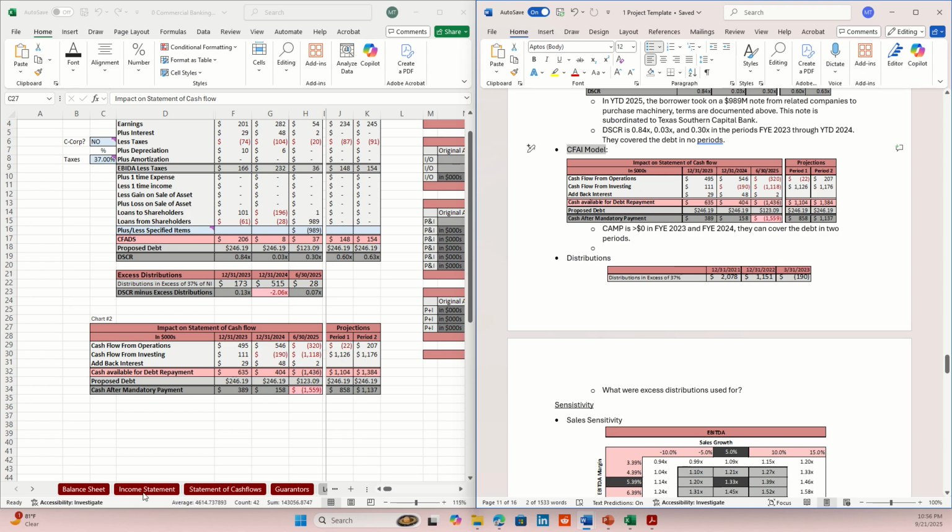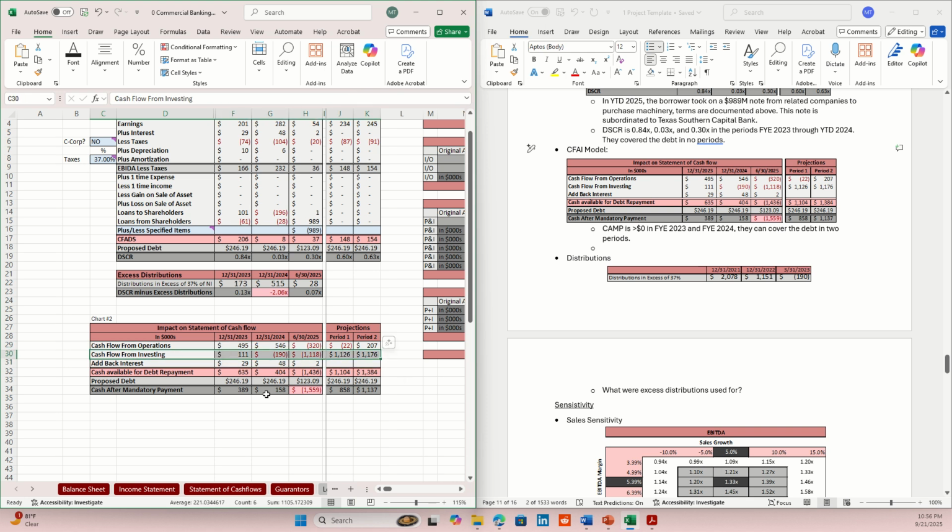And basically what we're doing is we have cash flow from investing, that's cash that you gain after investing activities. And then you have cash flow from operations. This is cash you gain after operations.